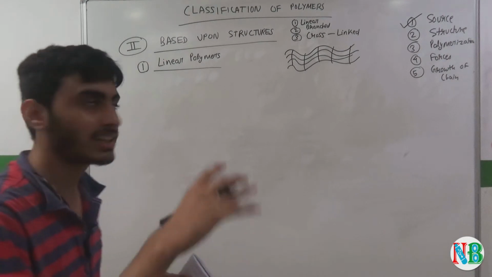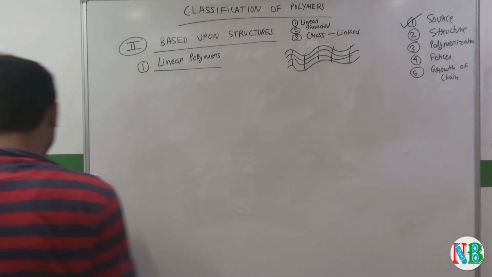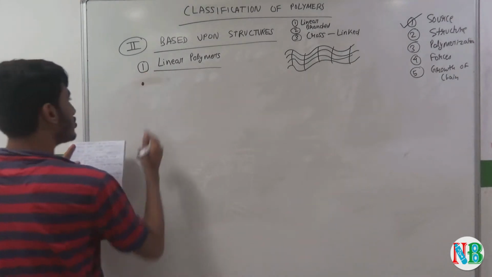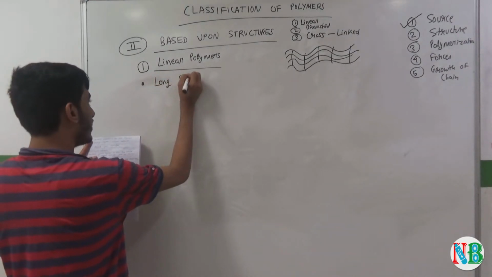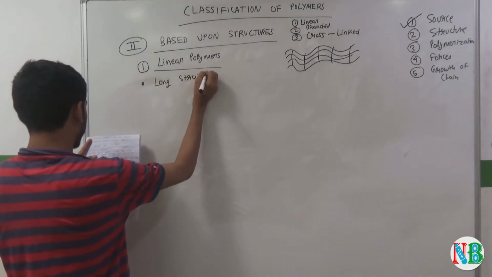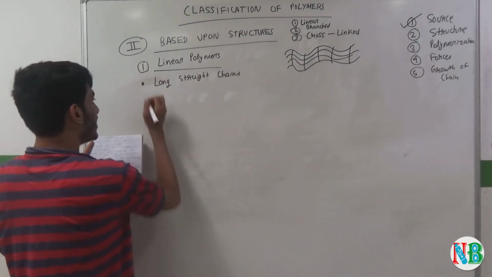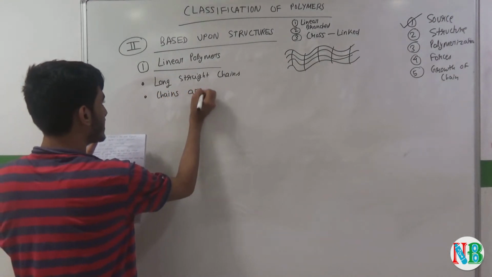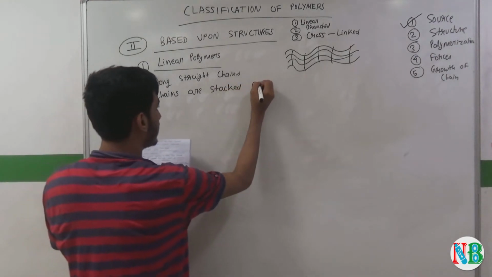So this stack forms a linear polymer. I'll just say that the monomers are joined in long straight chains. The chains are stacked one over the other.